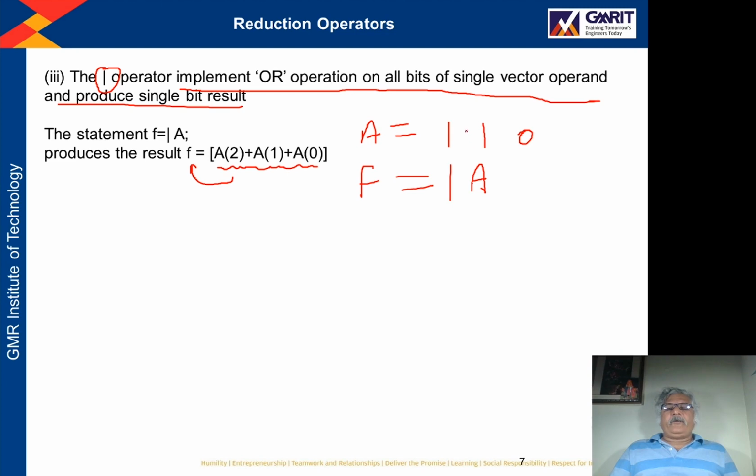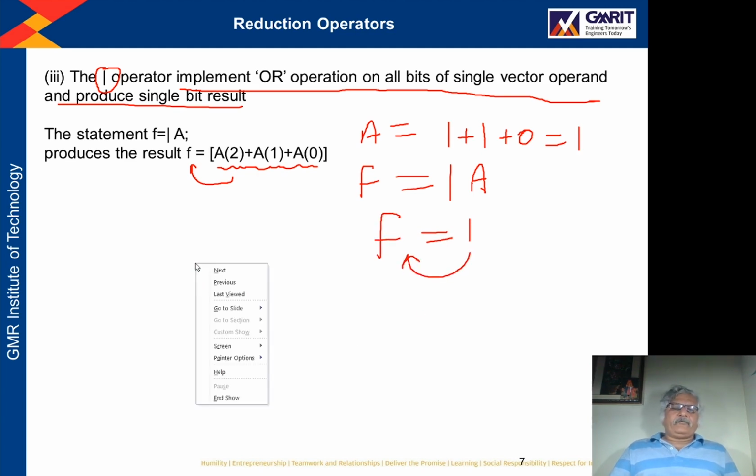So what it will do, it will perform OR operation over the 3 bits of A, right? So what is the result? 1 or 1 or 0. So this will give the result 1. So F is equal to 1. So this 1 will be assigned to F.